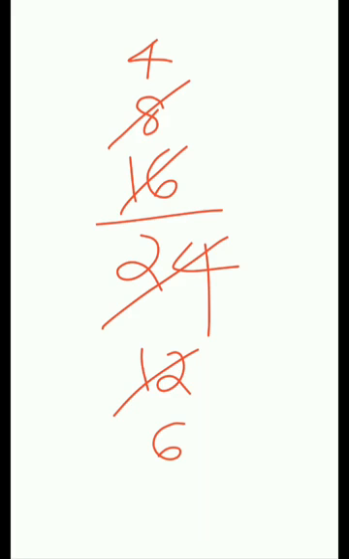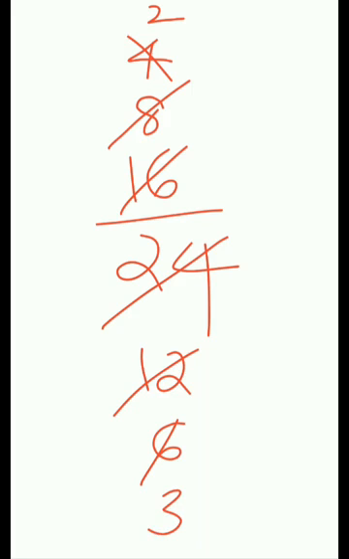Now let us check, is there any common factor for both 6 and 4? Both 4 and 6 are even numbers, so we can again divide 4 and 6 by 2. Then 2 times 2 is 4 and 3 times 2 is 6. Now we got a new fraction 2 by 3.